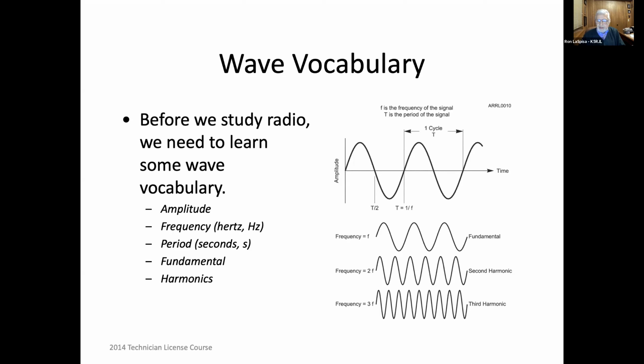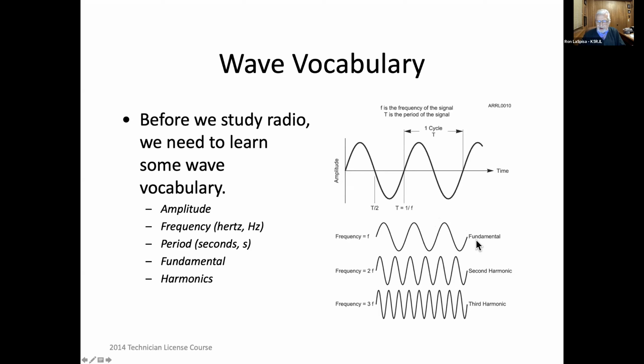And then it is also possible that a radio electromagnetic wave can have more than one frequency in it at the same time. You won't have a wave that looks as pretty as this sine wave right here. If you have several frequencies, then we call the lowest frequency the fundamental.